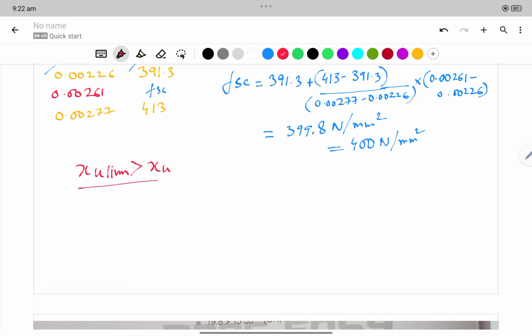Okay. So now what we are doing, we can just calculate it from the tension side, but we are doing it from the compression side, as it will be tough. Okay. So moment of resistance, we will take the XU value only, and that is 177. Moment of resistance in compression side.